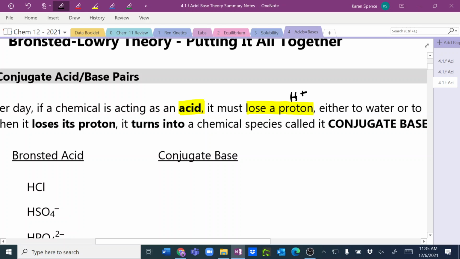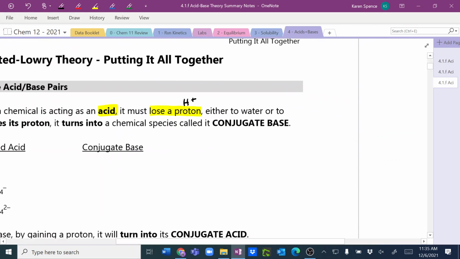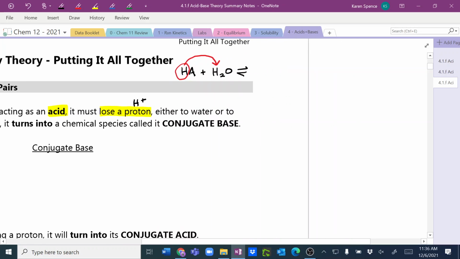And if the only other substance around is water, then it will lose that proton to water. What will water become? If I had an acid, HA, and it reacted with water, H2O, and a hydrogen ion is transferred to the water, what does water become?